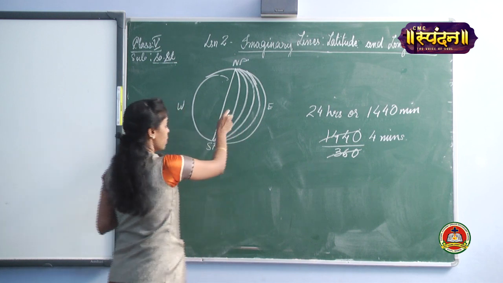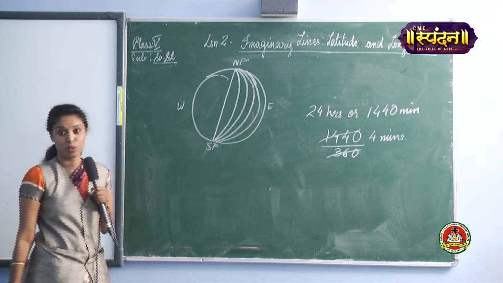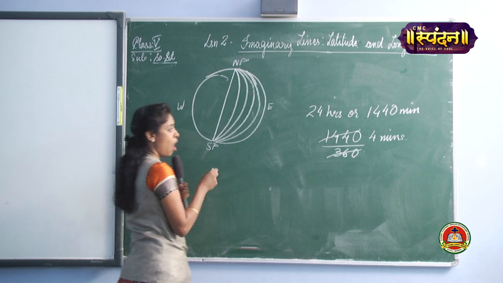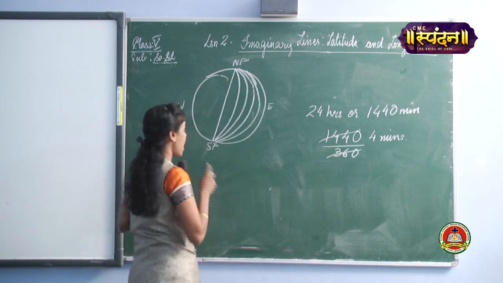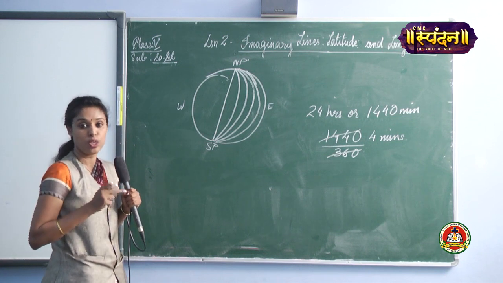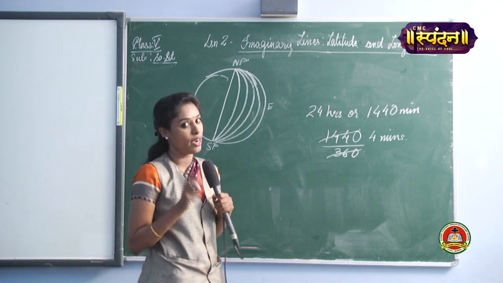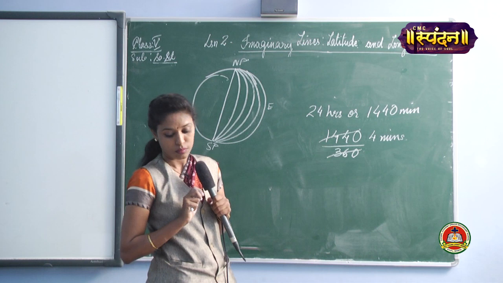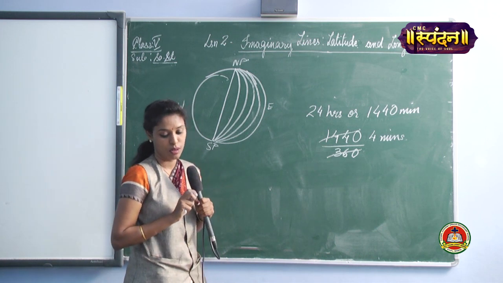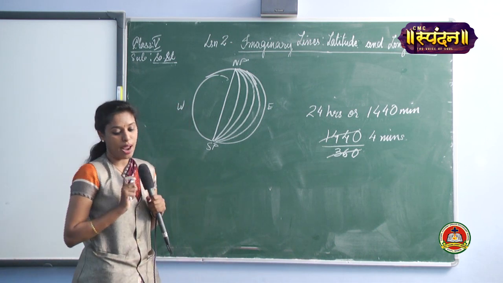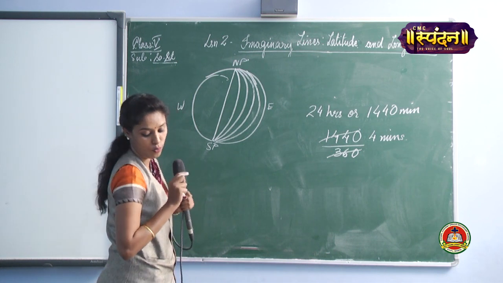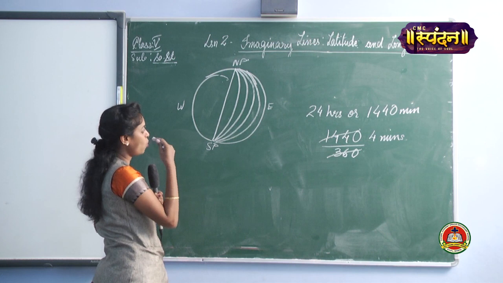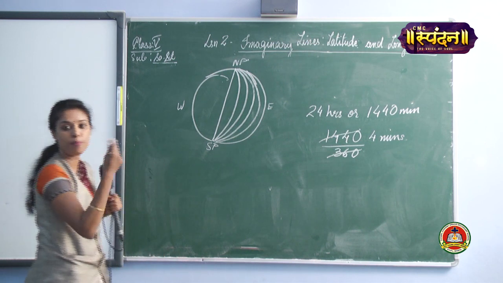Now moving to your time zone. How can we detect the time? You already have learned the international date line, which is passing through your Pacific Ocean, and it is not a straight line. From the international date line, how do we locate the date of one place?